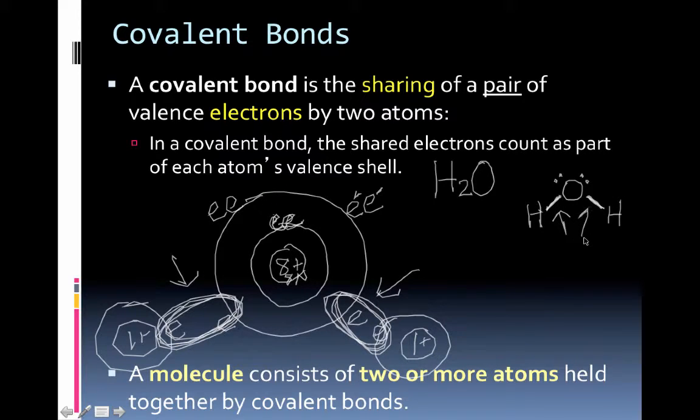As you look at drawings of molecules throughout this quarter, pay attention to solid lines that are drawn between atoms. Those always represent a covalent bond, where each line has 2 electrons represented, 2 electrons that are being shared.